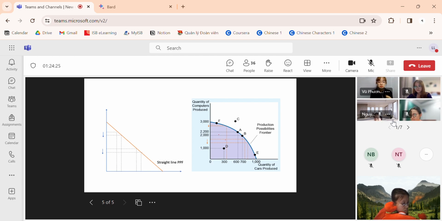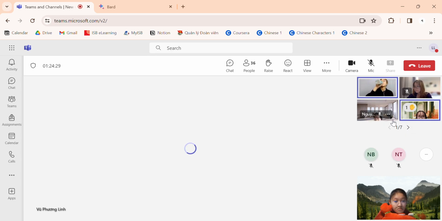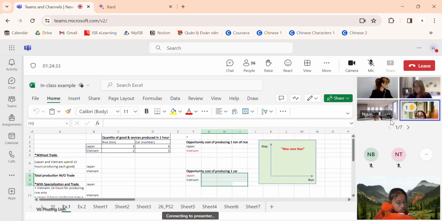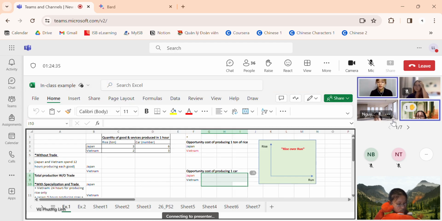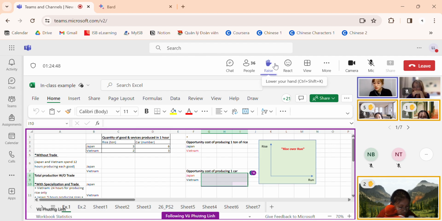So the thing I remember most from chapter 3 is absolute advantage and comparative advantage. Okay, yeah, absolute and comparative advantage, very good. Right. So what is the absolute advantage? Can anyone tell me? Beside Lam. All right, so maybe Hui.